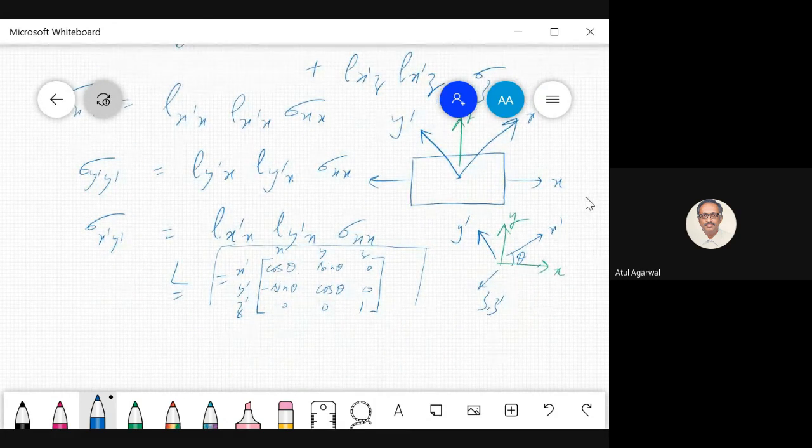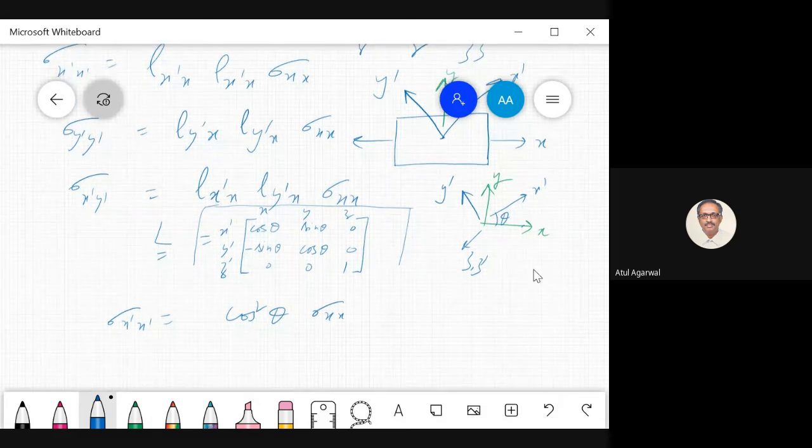Now what is my sigma x prime x prime? L x prime x into L x prime x. So that is cos square theta sigma xx. What is my sigma y prime y prime? L y prime x, L y prime x. You see minus sine theta into minus sine theta. So you get sine square theta sigma xx.